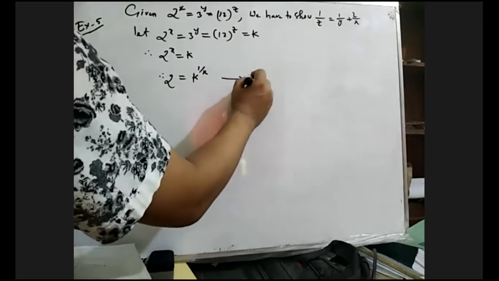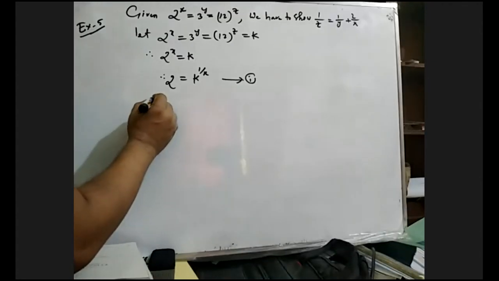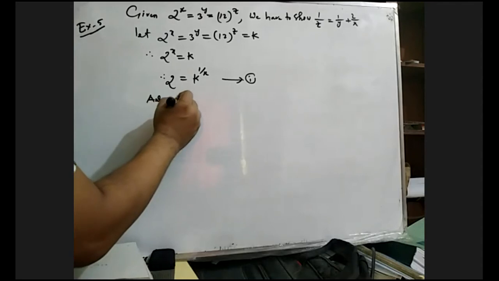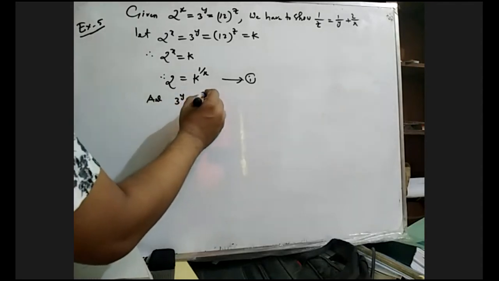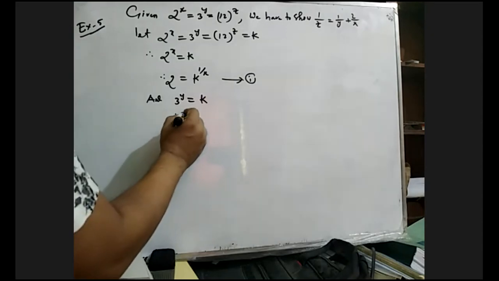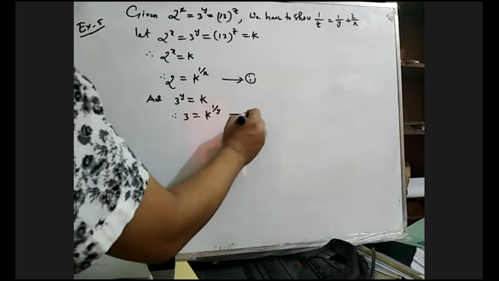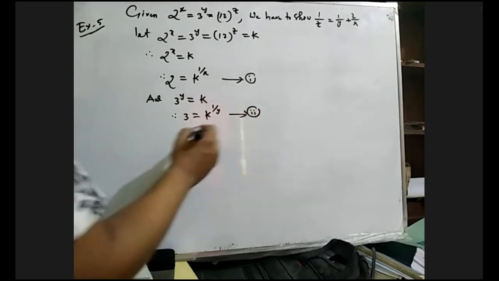This is equation number 1. And 3 to the power y equals to what? K. So 3 equals to k to the power what will be? 1 by y. This is equation number 2.